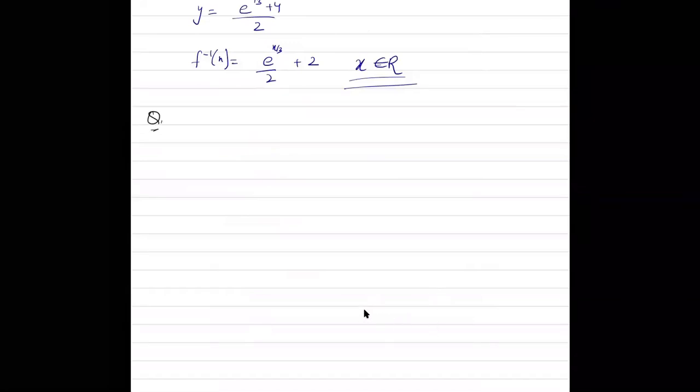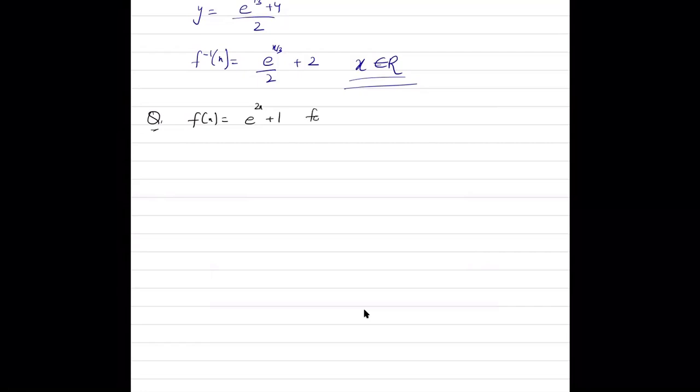Now let's try another question. f of x is equal to e to the power of 2x plus 1, and it is defined for all real values. Part A says state the range of f of x.